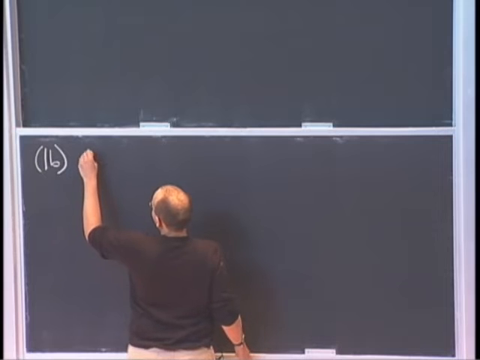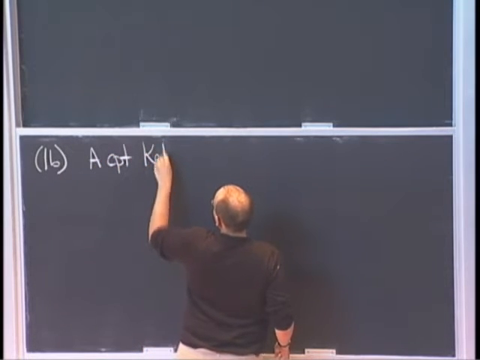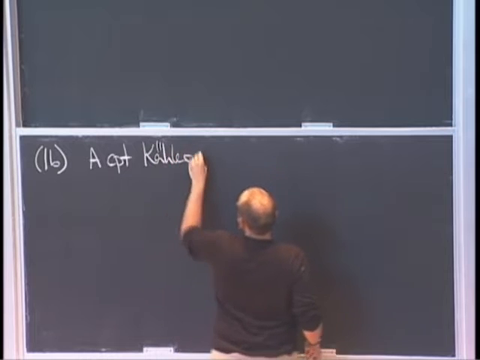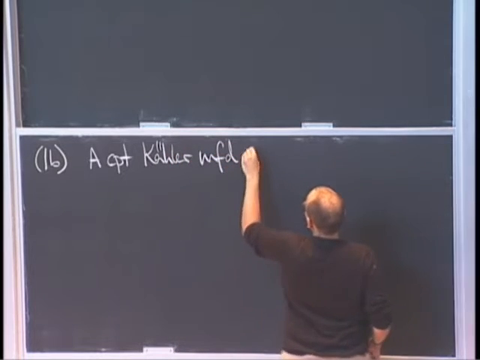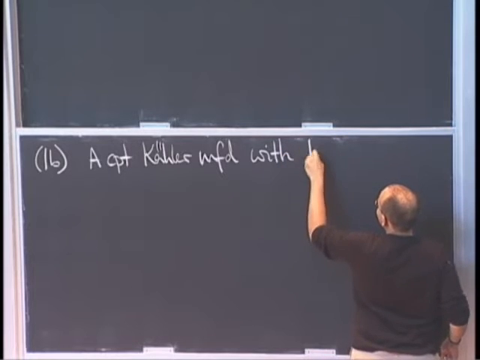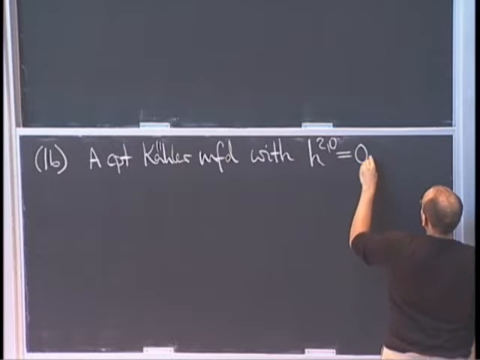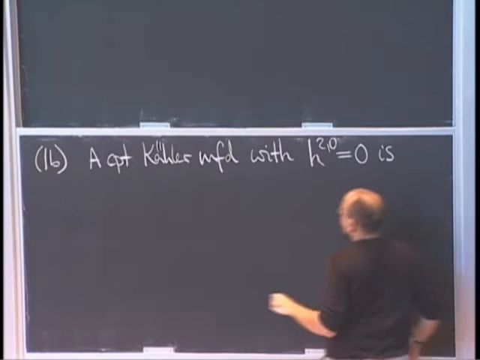So a compact Kähler manifold, just for those of you who already know this, with h^{2,0} equal to 0, is algebraic.